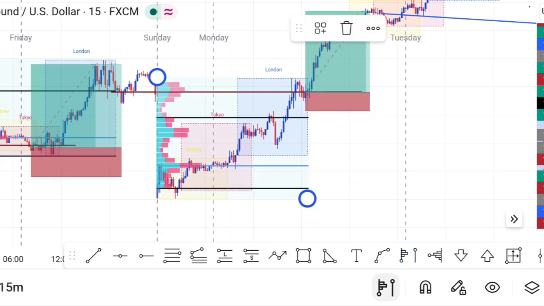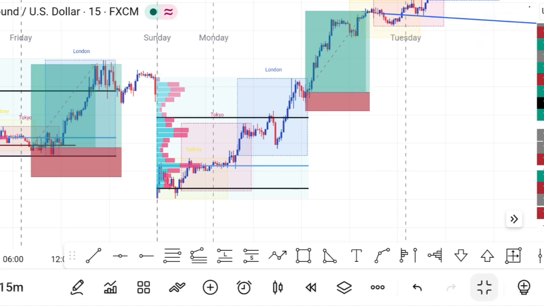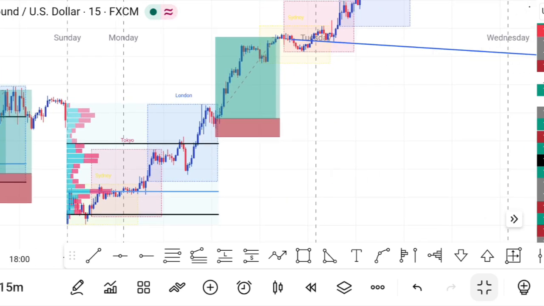Okay, you see there's a gap. The market opened with a nice gap near the support and resistance, but it didn't test the area. It just went up. So that's the main reason for that.